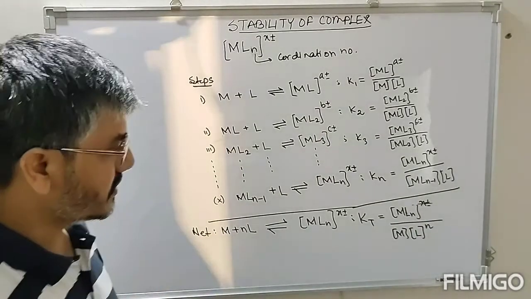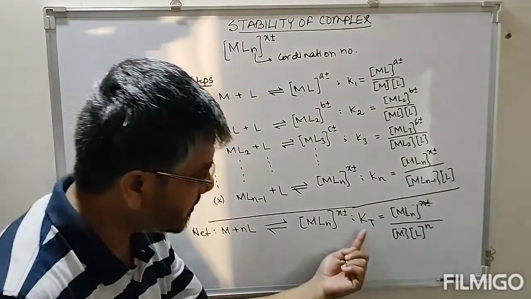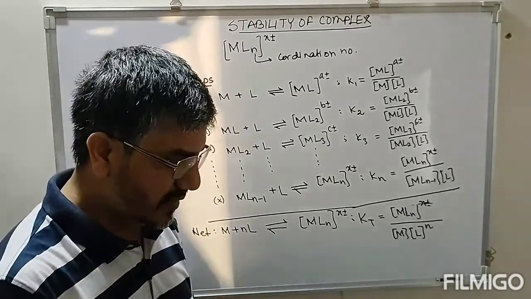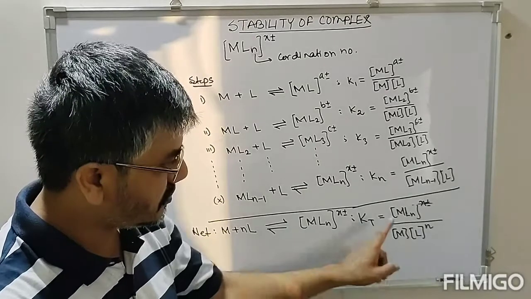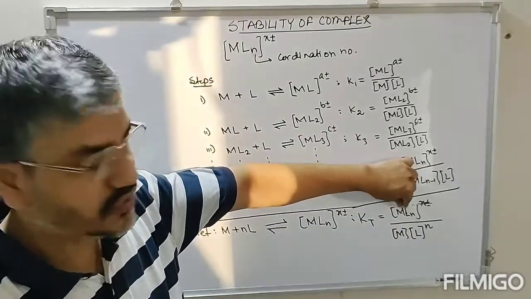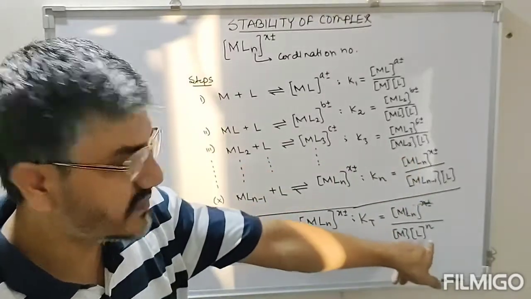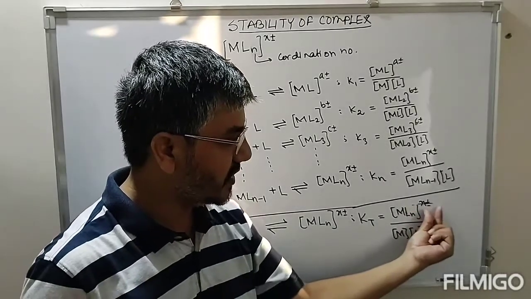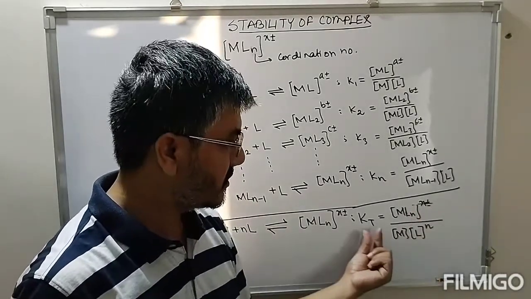Now the question is, if this K total is large, it means the quantity of the numerator should be large and the quantity of the denominator should be less. If the numerator is more than the denominator, then this ratio will be more.